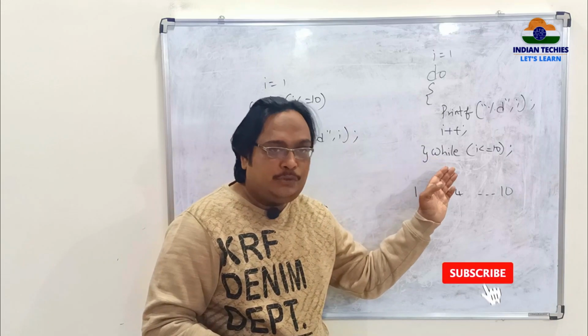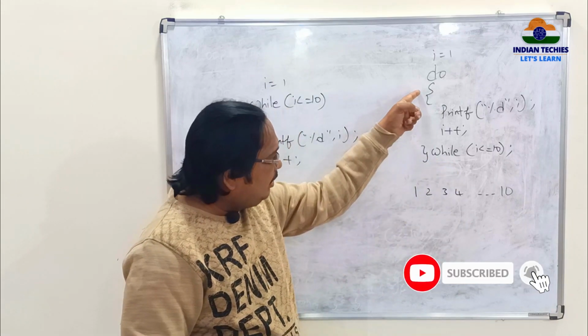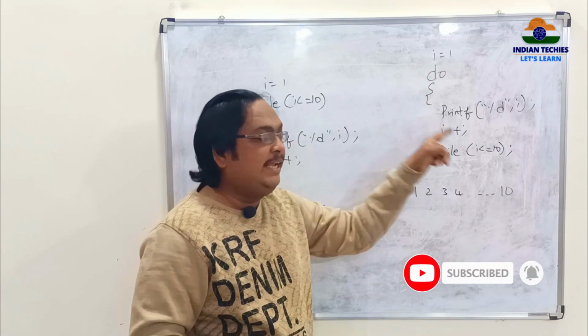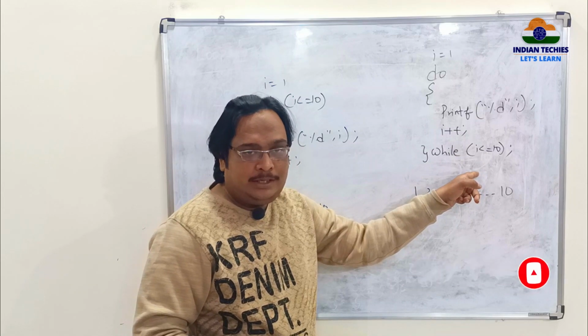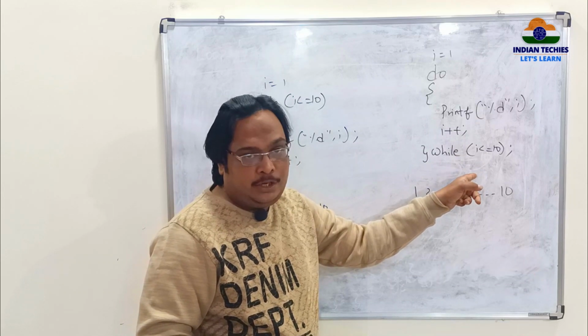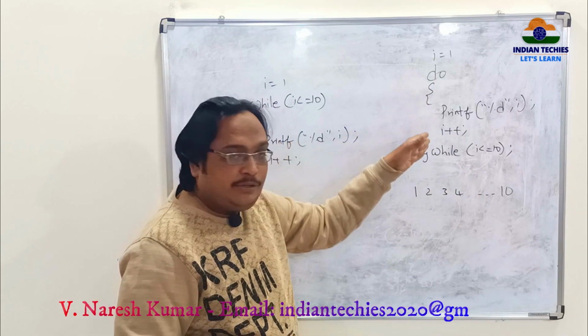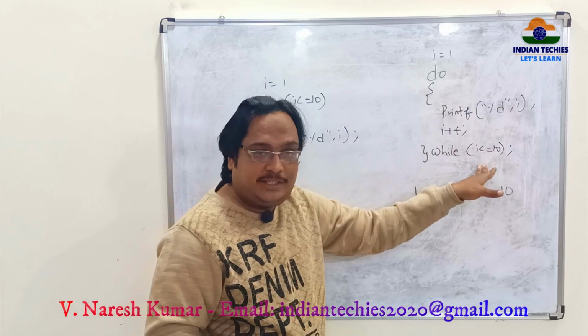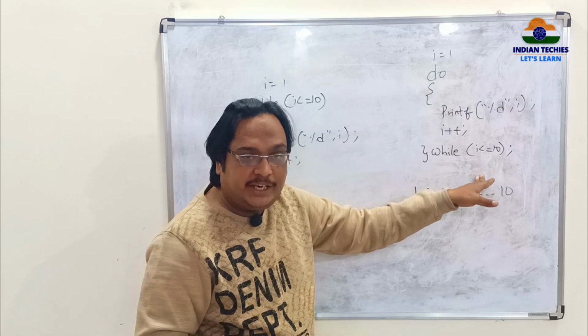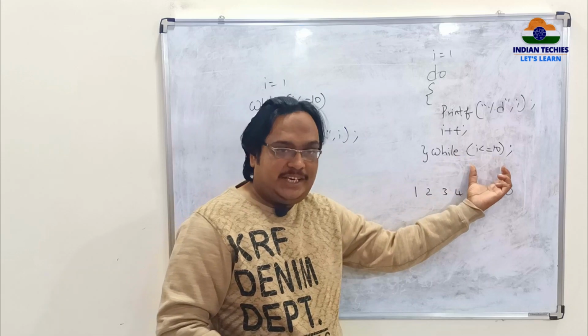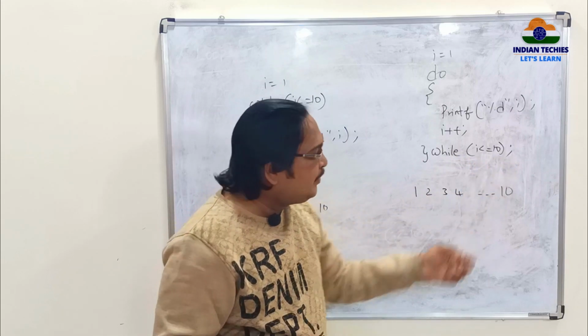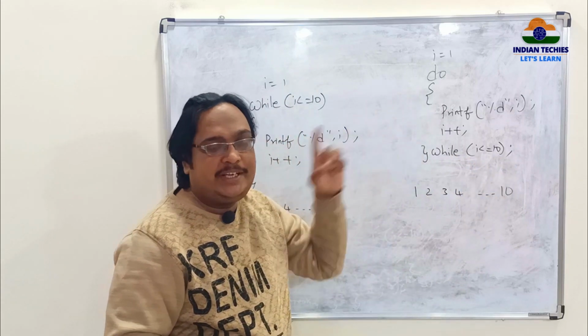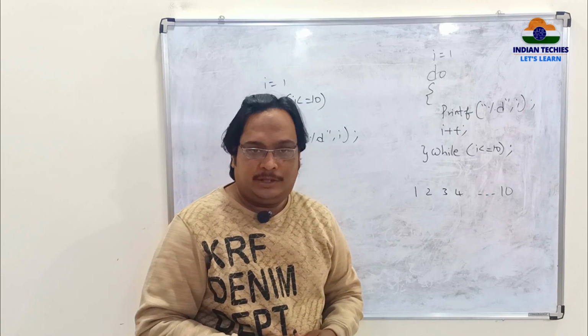But when you come to do while, first of all the block is executed, then the condition is checked. Even though the condition is false for the first time, at least the block has been executed once, right?